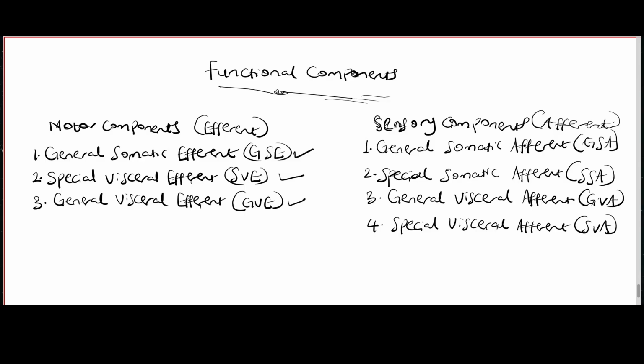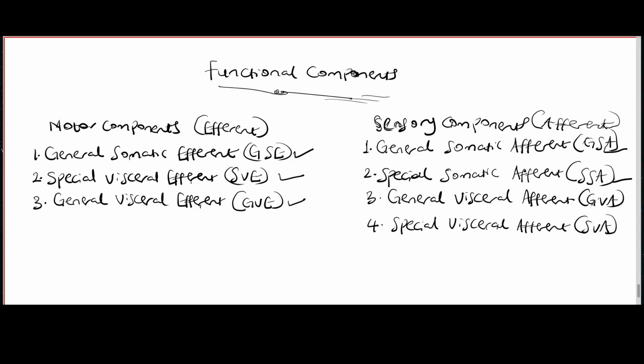Now let's move to the sensory components. The general somatic afferent simply means ordinary sensations from the body, or skin. So that's for the general somatic afferent. The special somatic afferent fibers are for special senses.